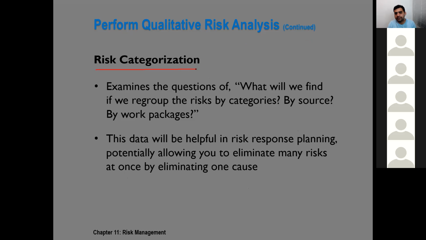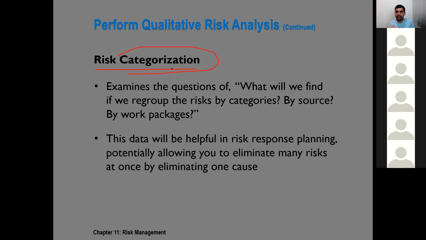While we are doing the qualitative analysis, we keep on updating the categorization that we have been doing since the planning of risk management, and we keep on adjusting our risks into different categories. Why do we put them into categories? Either they are knowledge area wise categories, or external, internal, or commercial type of risk categories, or work package wise categories.